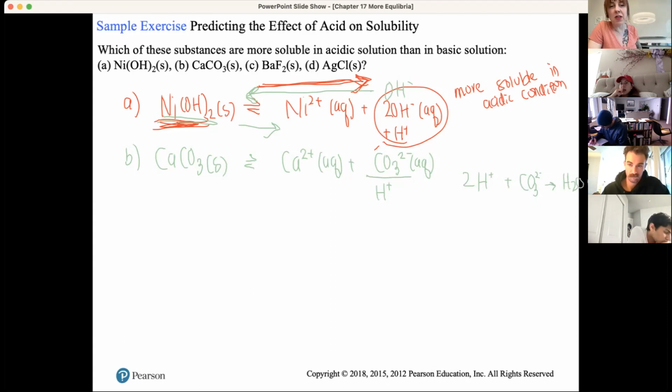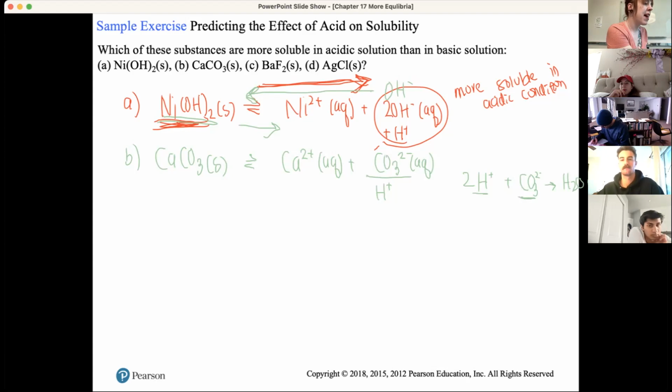Funnily enough, we learned that back in the gas chapter, like chapter 8. But even if you don't know that, you should know carbonic acid is an acid we're familiar with. So if we have hydrogen going with carbonate, we're going to get bicarbonate at the very least. So we are going to pull it out.